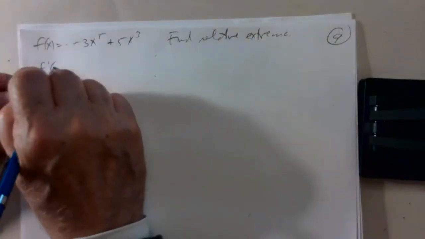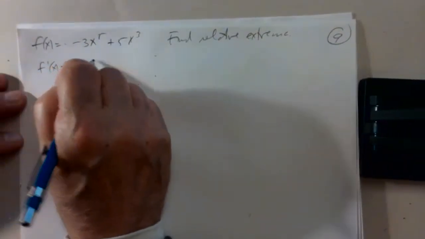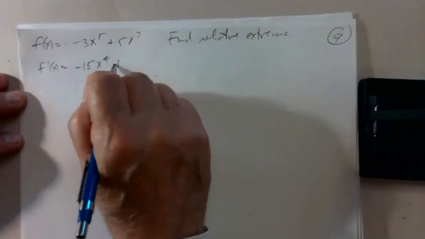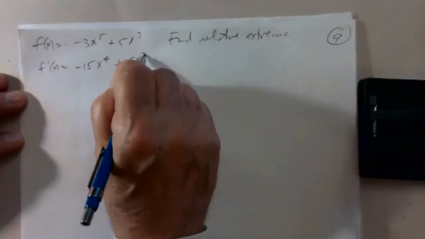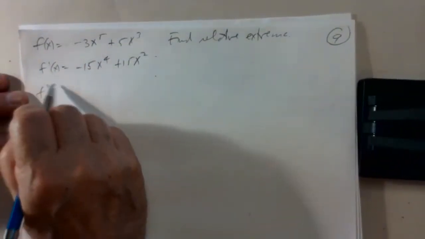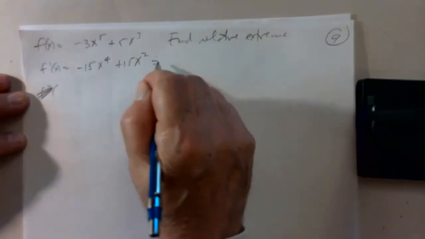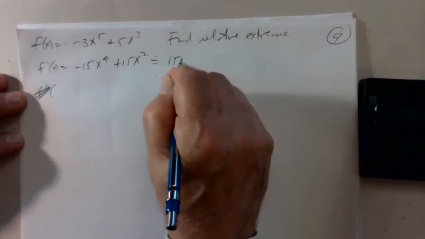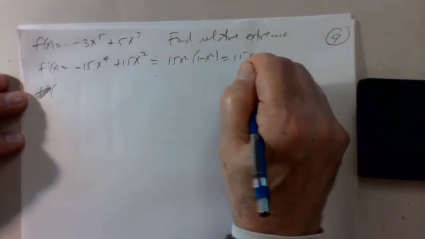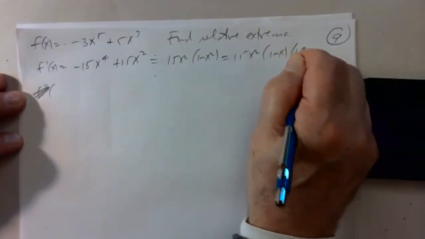So the first derivative is minus 15x to the fourth plus 15x squared. And when is the first derivative equal to 0? So let's see, let me factor out a 15x squared, 1 minus x squared. That's 15x squared, 1 minus x, 1 plus x.